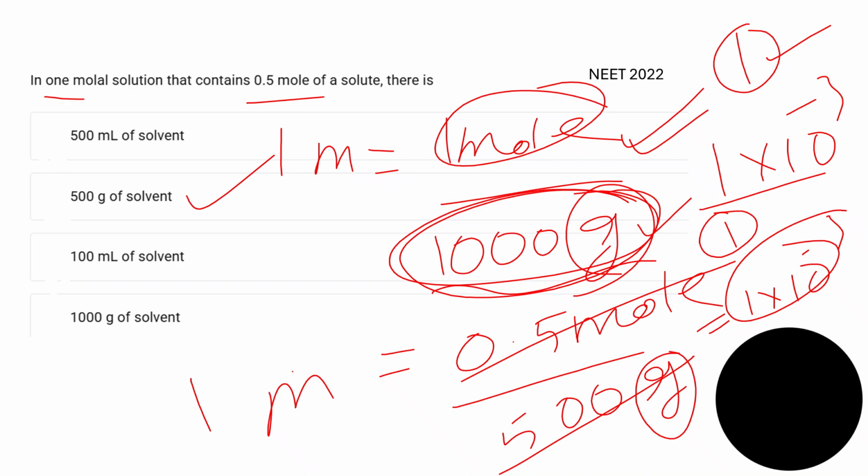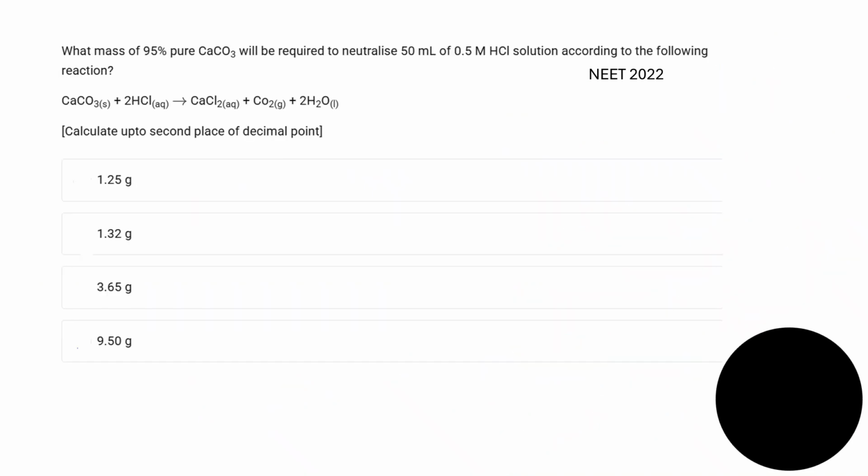Like the first question. The second question is a little difficult. Yeah, this is a very difficult question. What mass of 95% pure calcium carbonate will be required to neutralize 50 ml of 0.5 molar HCl solution according to the following reaction? This is the reaction. In this reaction, 1 mole of calcium carbonate reacts with 2 moles of HCl.